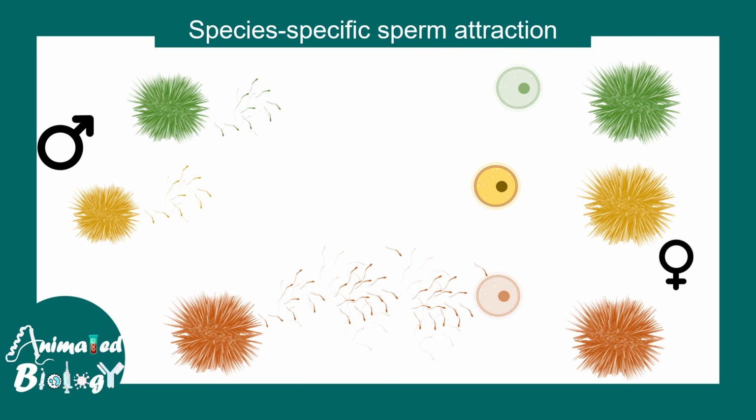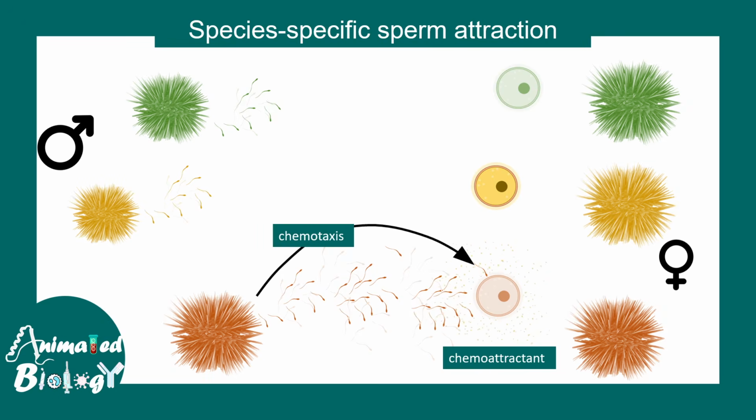So here it's clear that the ovum of one particular species would secrete some molecule to attract the sperm. These are chemoattractant molecules, and the sperm would undergo a process called chemotaxis. That means its motility is influenced by a secreted molecule.